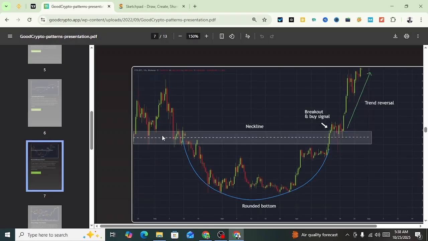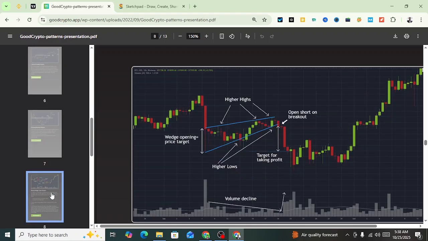Okay, same as that. This is the resistance area. That's called the neckline. And when it breaks out, then you have to buy from here. It's going up. If you can see here, this is a way of operation. Price target higher. You can see down, up, it's going down, then the resistance area and it's up.